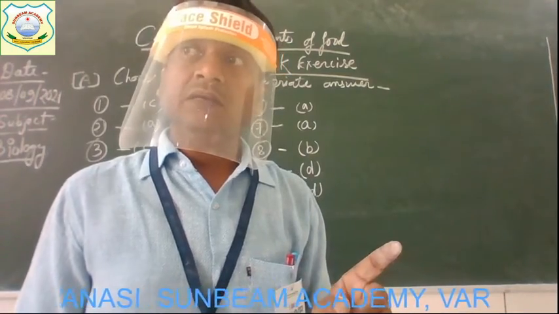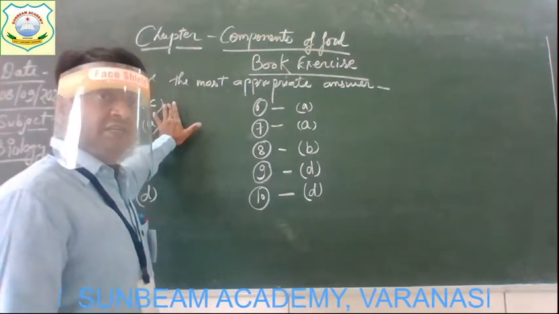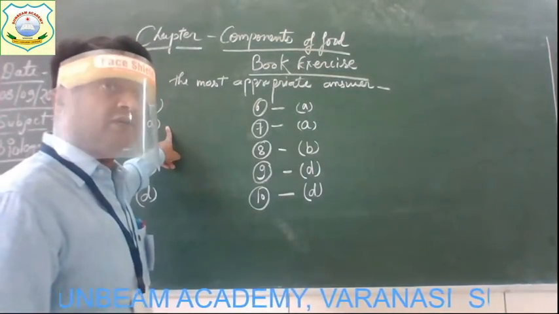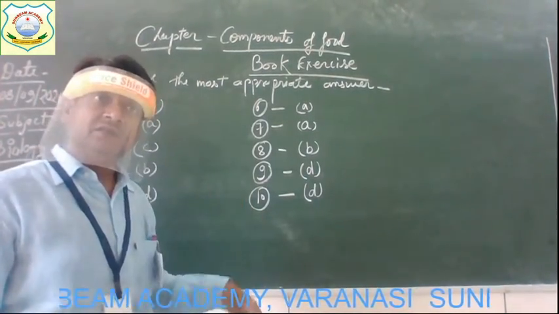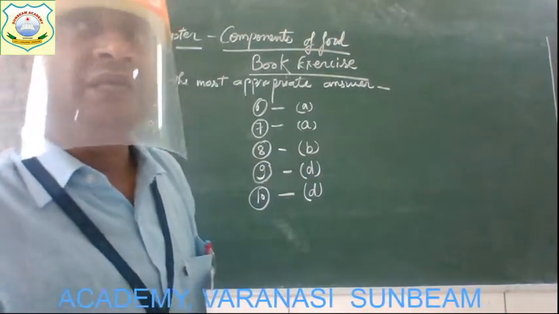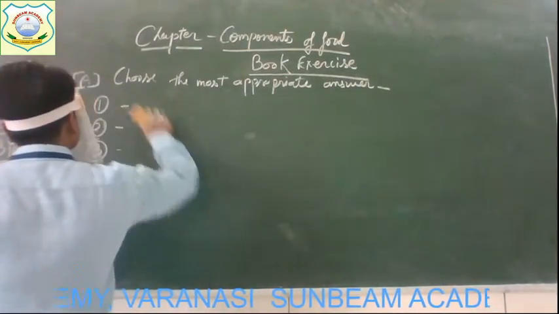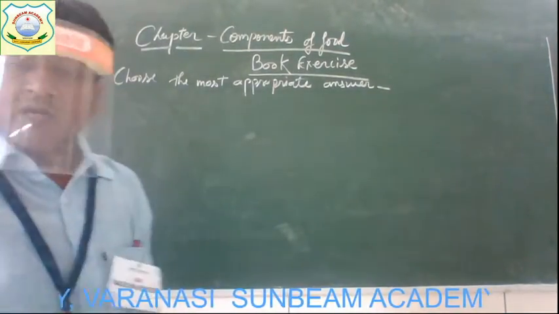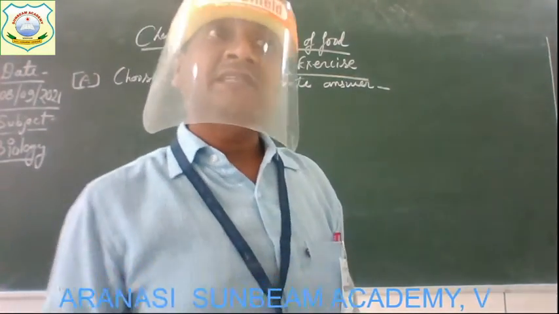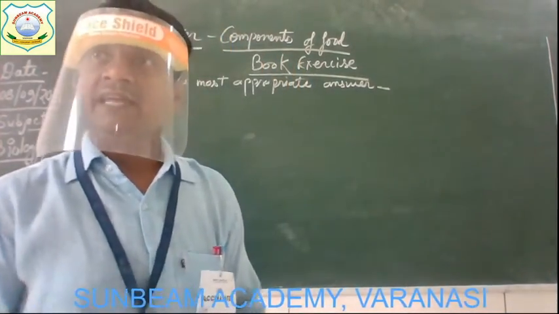And we have discussed why C is correct here, why A is correct here. Alright. Now come to the next book exercise. Book exercise B. As I told you, you need to write the answers of book exercise B only in the book. Because it is a very short answer type question.